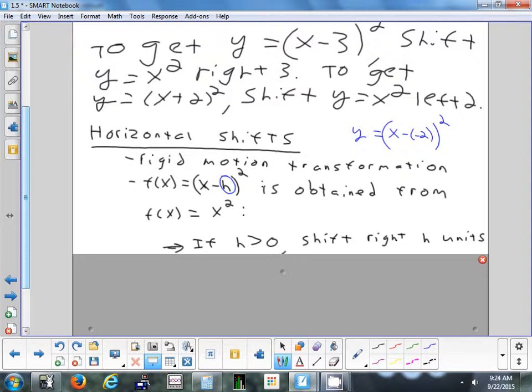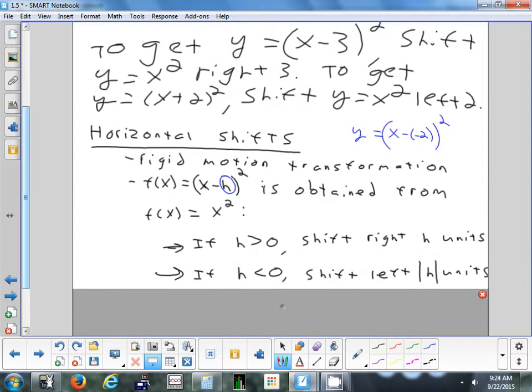Block the minus sign out. If the number after the minus sign is greater than 0, shift right. If the number after the minus sign is less than 0, like in this case, it's a -2, shift left.